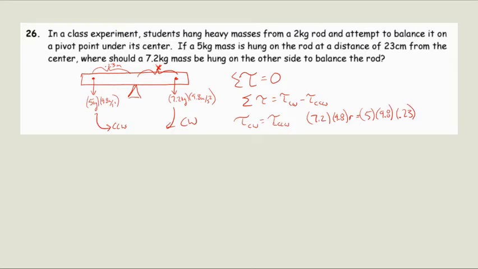And when I calculate that out, I end up getting that my distance is 0.16 meters or 16 centimeters. Now, does that make sense? It does, because you want to have your lever arm shorter because you have a much higher mass. So it makes sense that your 16 centimeters is smaller than your 23 centimeters.